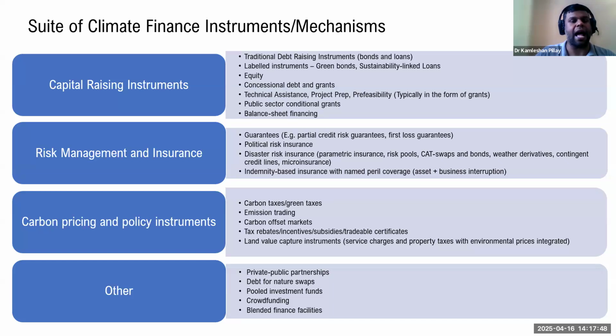I would say that 85% of most of the climate finance, at least in the private market, is related to the first 2 categories. Under capital raising, it can be done in 2 ways, really: either through debt or equity, with some of the enabling requirements being fulfilled by grant-type instruments.